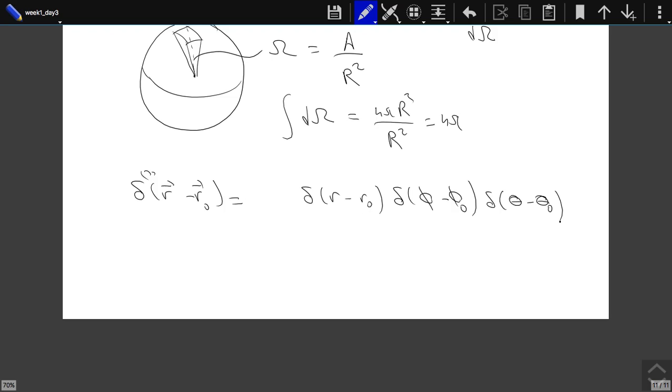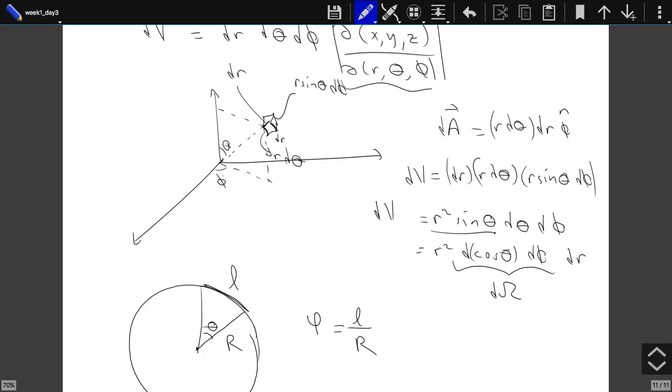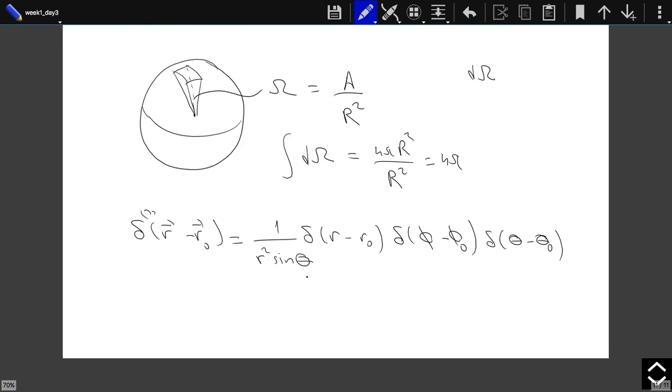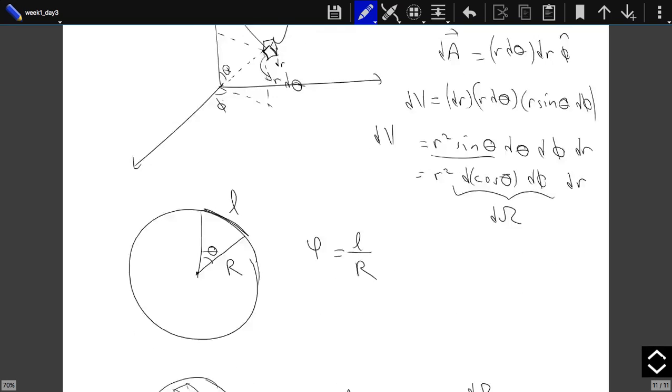Almost. Now, why do we have that r squared sine theta? Well, here we have r squared sine theta. So one-dimensional Dirac deltas, their integral already gives you 1. There shouldn't be any function multiplying them if you write the three-dimensional integral in terms of r, theta and phi. So this factor over here should cancel this r squared sine theta in our expression for dv.